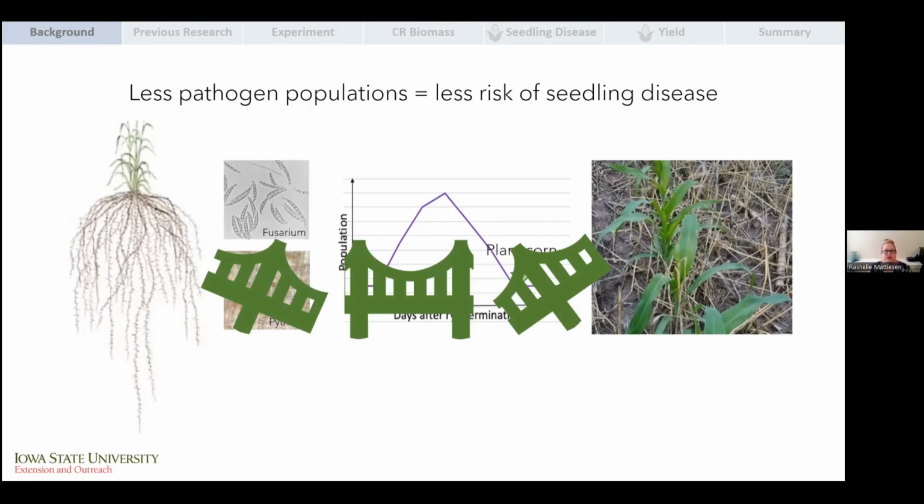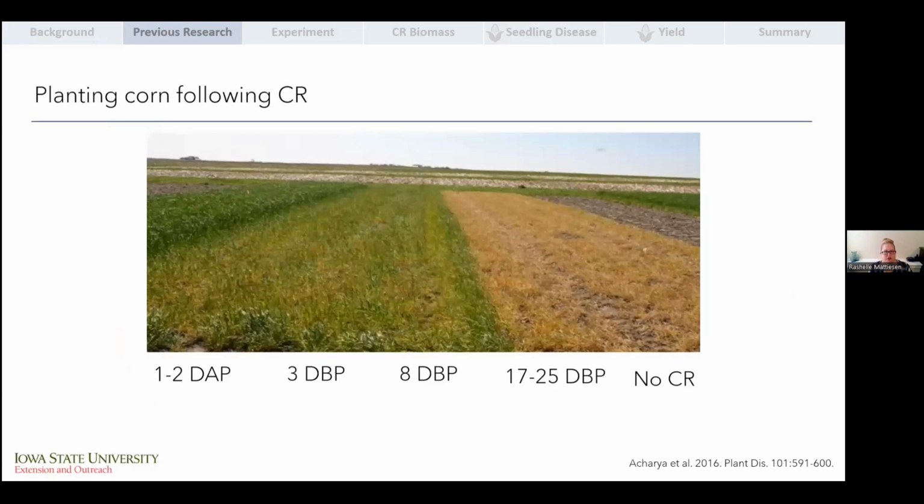And that's good. So a couple of years ago, Allison and Tom and Jatsna Karya, who was in our lab, started looking into planting corn following a cereal rye cover crop. And so what they did is they had different treatments where they terminated the cover crop at different times before and after planting, anywhere from 1 to 2 days after planting, all the way up to 25 days before planting.